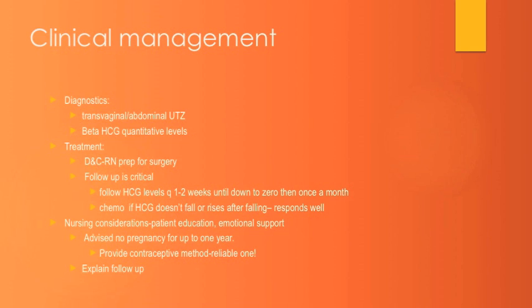We cannot tell if this HCG level is rising strictly due to the pregnancy or if the gestational trophoblastic disease is taking a turn for the worse and is developing into metastatic disease somewhere else. So we need to provide a reliable contraceptive method, and the most reliable is the oral contraceptive.